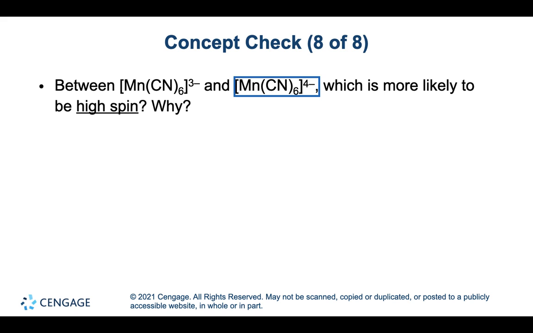And so being cyanide is a strong field ligand, 3d4 would be 2 pairs and 2 singles. 3d5 would be 1 pair... 3d3 would be 3 singles.